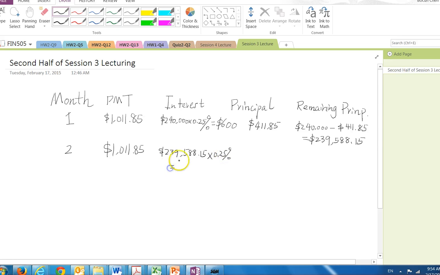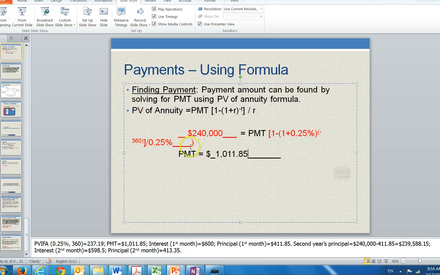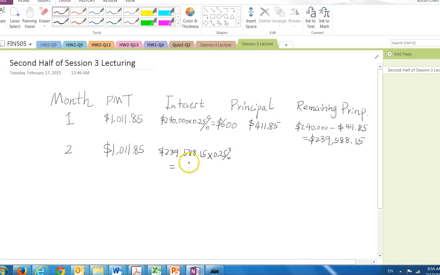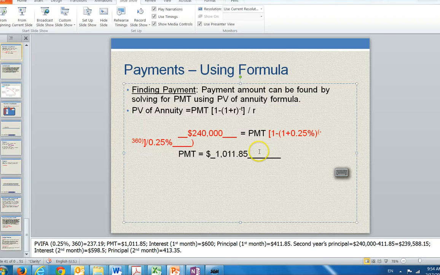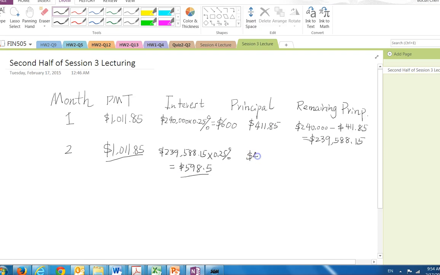So that gave me 598.5. Hence, the principal portion of the second month's payment will be the difference between this constant payment again and this interest portion. So that gives me the principal portion will be 413.35.